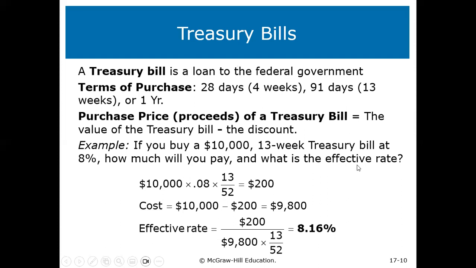So that's the effective rate. Here we're being asked for the effective rate. So you're buying this 10,000, 13-week treasury bill at 8%. How much will you pay and what is the effective rate? You're going to pay 9,800, and the effective rate is 8.16.